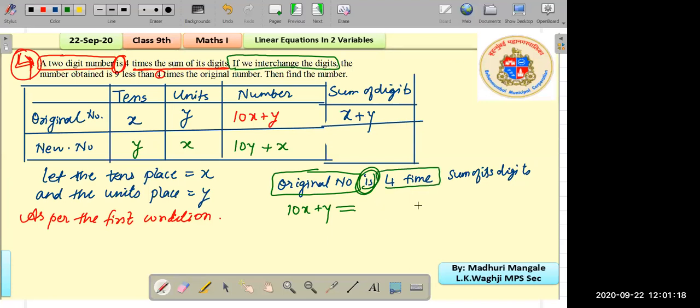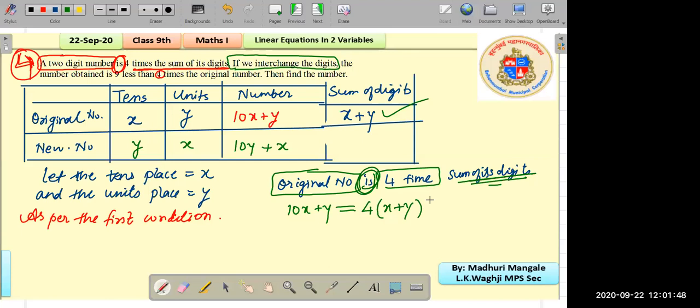So 4 times sum of its digits. What is the sum of its digits? We are adding, so it is x plus y. That is how we are transforming a statement into a mathematical equation. We are replacing is with equals to, we are replacing times with multiplication. The original number is replaced by 10x plus y, and sum of its digits means x plus y.